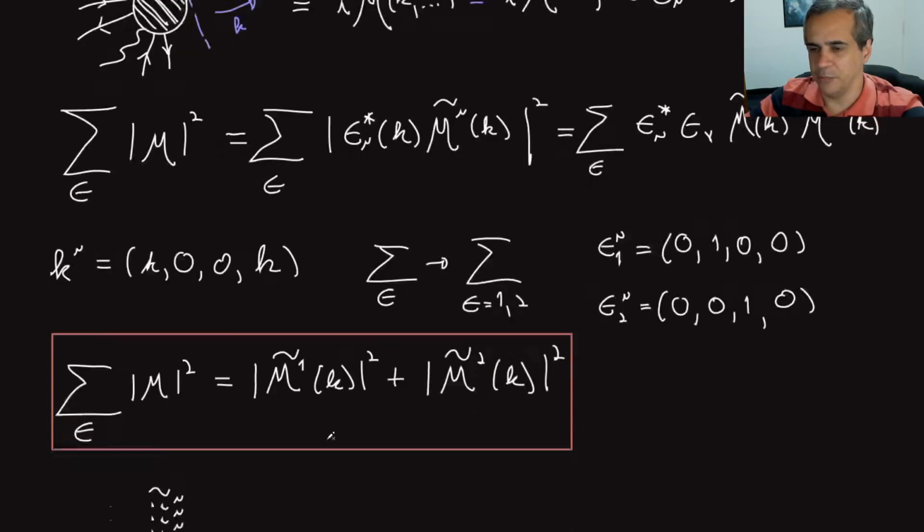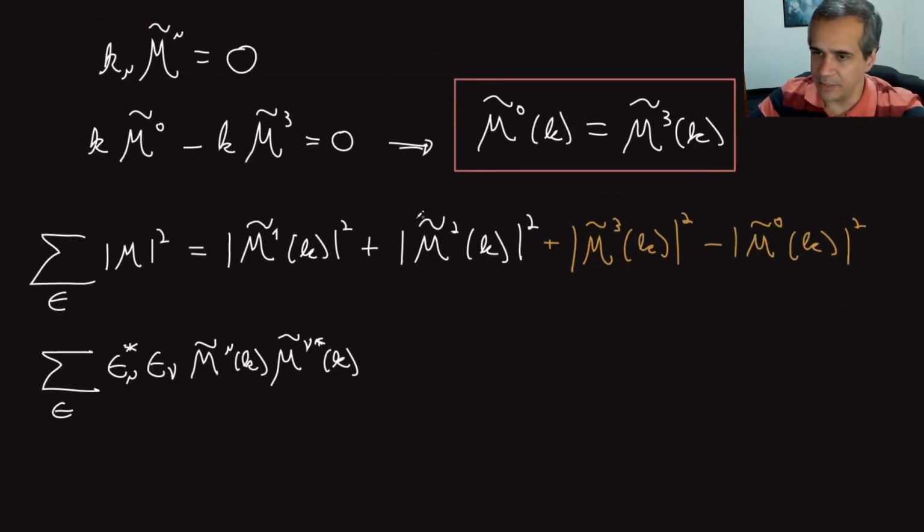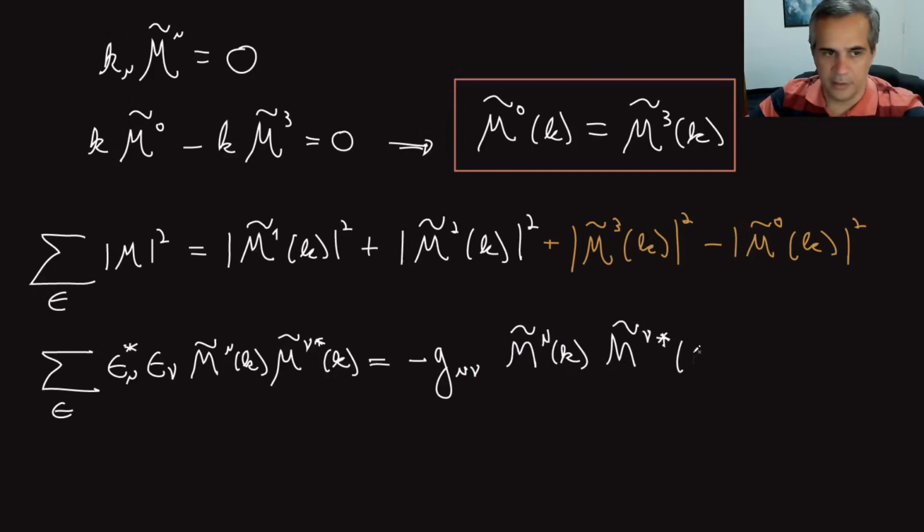And on the right side, now I can use this expression to write it as minus, because the time part is with a negative sign and the space part is positive, and in our metric we have the opposite situation, M tilde nu of k M tilde nu star of k.